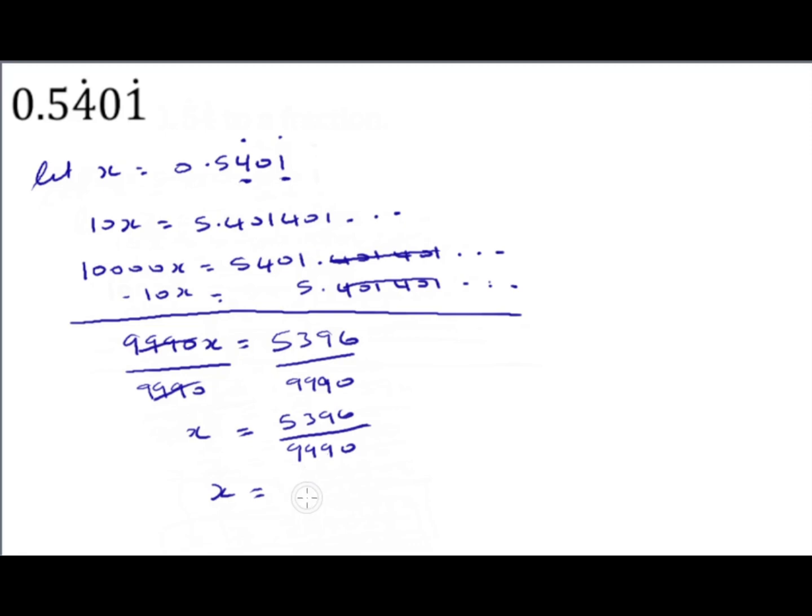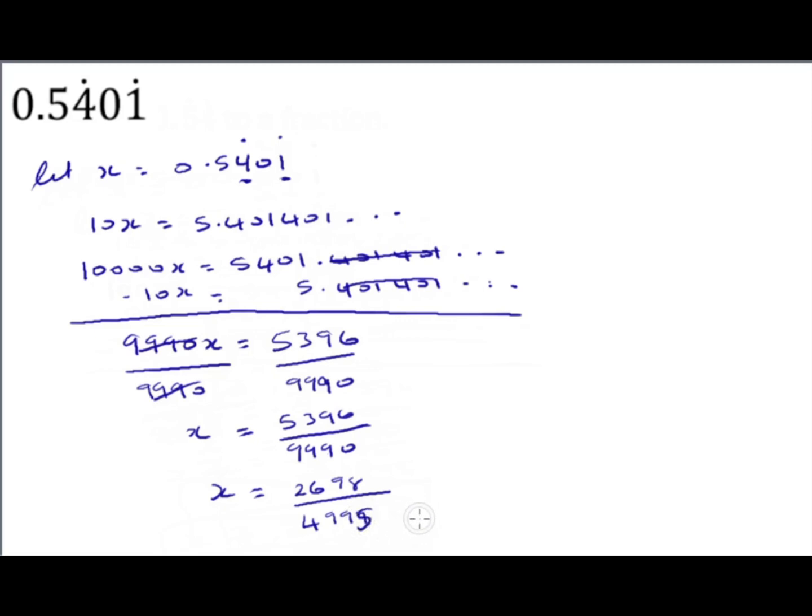So if you divide 5,396 by 2, you're going to get 2,698. And if you divide 9,990 by 2, you're going to get 4,995.